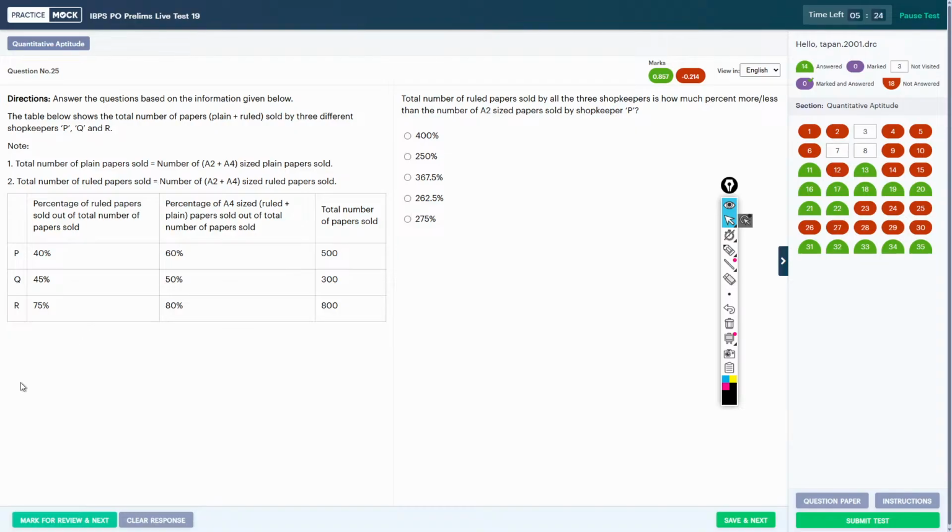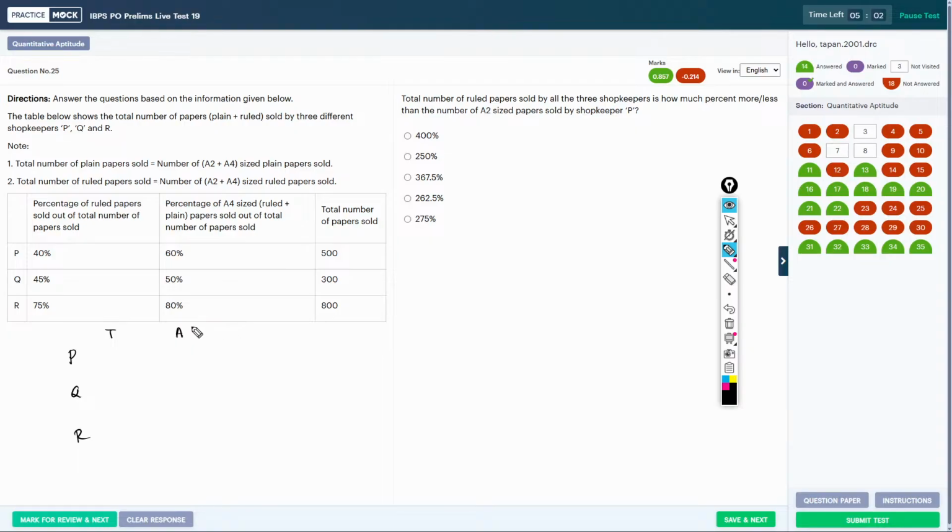I can do it. It's not that difficult. That P, Q, R, total, A2, that's the issue, right?